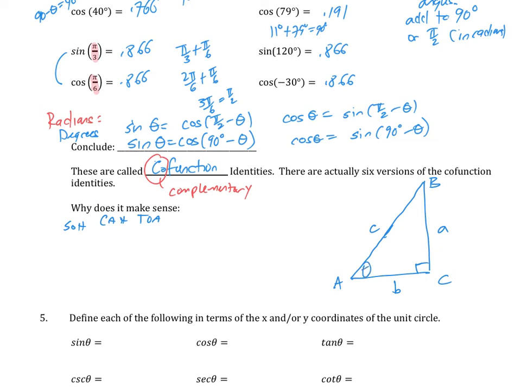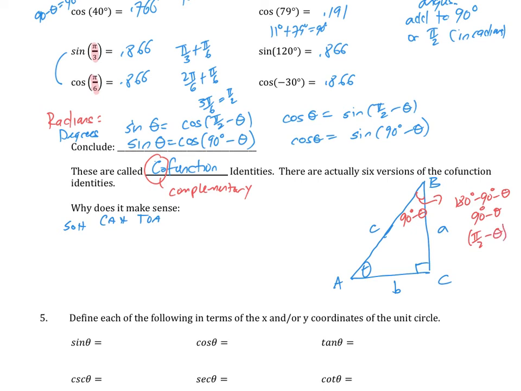We can find the measure of angle B, right? So if I want to find the measure of B, it would be 180 minus 90 minus theta, or 90 minus theta. So this angle is 90 degrees minus theta, or in radians, 90 degrees is pi over 2 radians. So pi over 2 minus theta, that's equivalent.